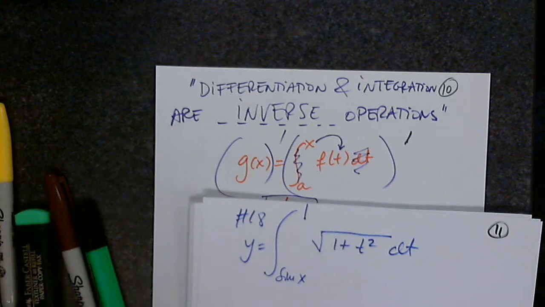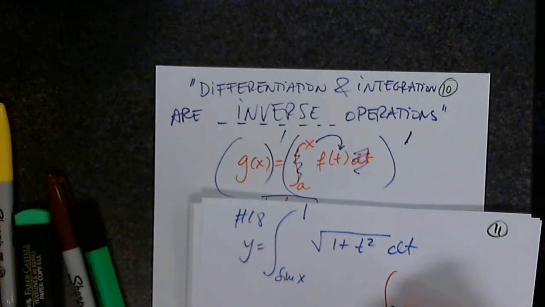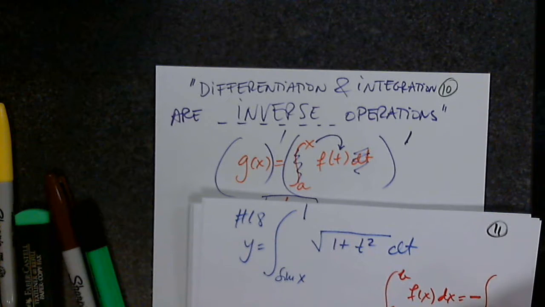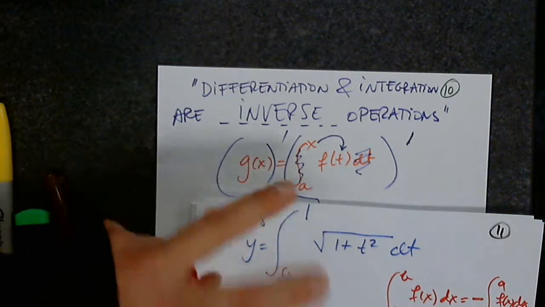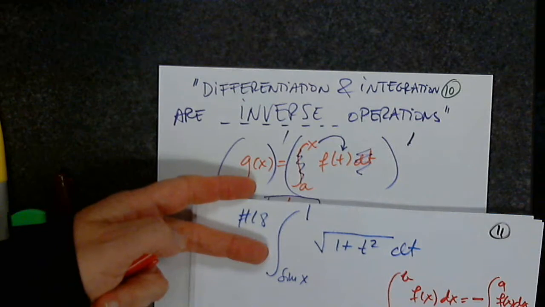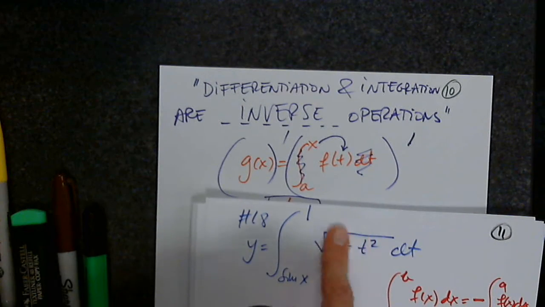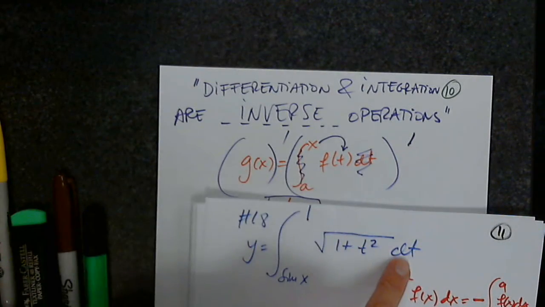But I know that a definite integral has the property that the integral from a to b of f of x dx is the opposite of the integral from b to a of f of x dx. So that can be fixed and put a minus in front. This is my f of t, which I never do anything to unless I plug in something. And this is the dt.